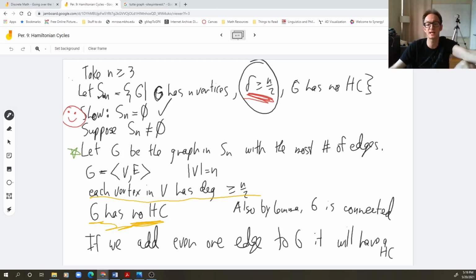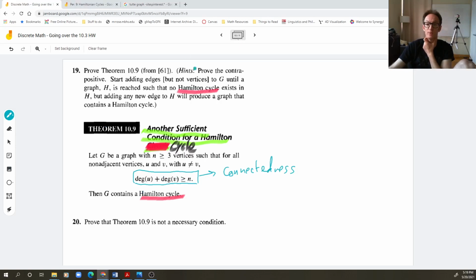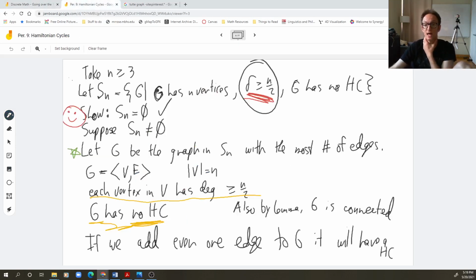Let S of n be the set of all graphs which satisfy the blue condition, have n vertices but no Hamiltonian cycle. Well, take the maximal graph from this set.